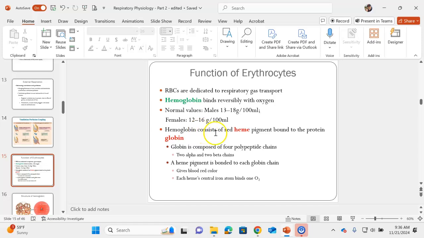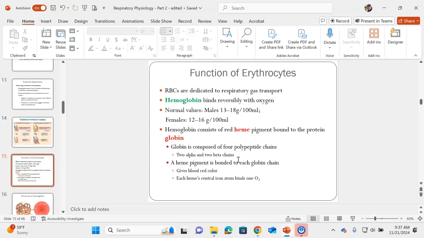Now, in hemoglobin, okay, there are four globin protein chains. And on each of those globin protein chains, there is a heme pigment. At the core of that pigment, it says here, each heme's central iron atom binds one oxygen molecule. So four globin proteins, each of which has a heme pigment.